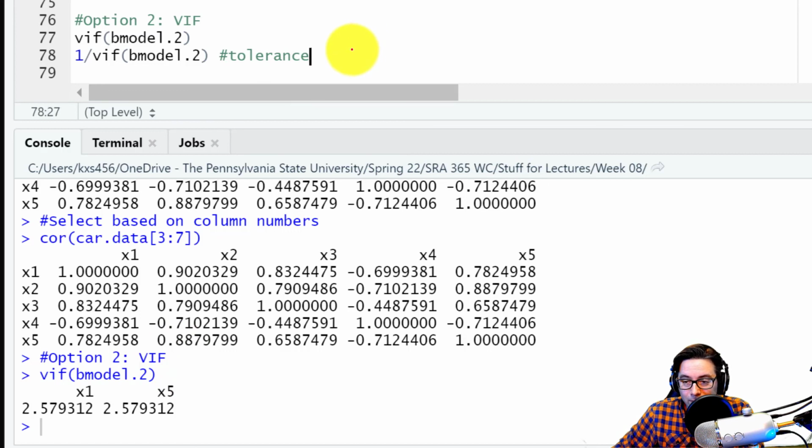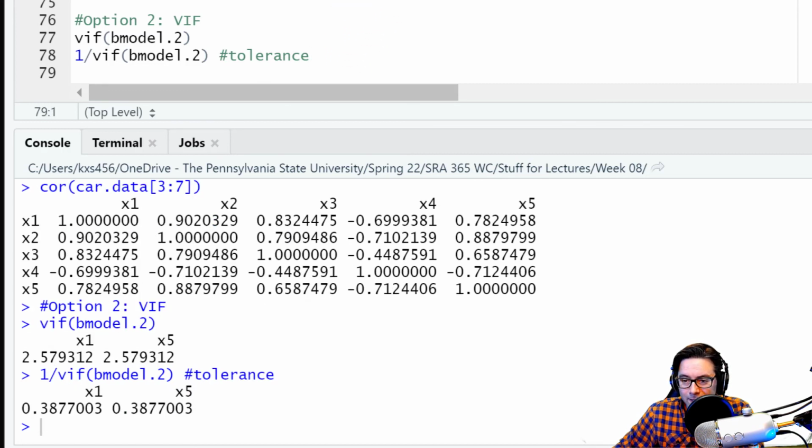And then the tolerance is 0.387703. Notice that this is not less than 0.2 and definitely not less than 0.1. So we're good, which is what the matrix told us before. It was fine for the matrix, and now it's fine for this. Okay, so that's how you use both of those things.